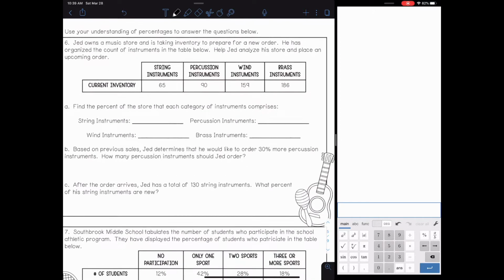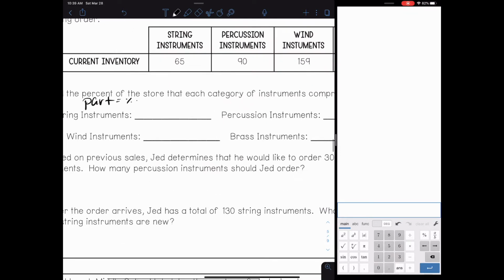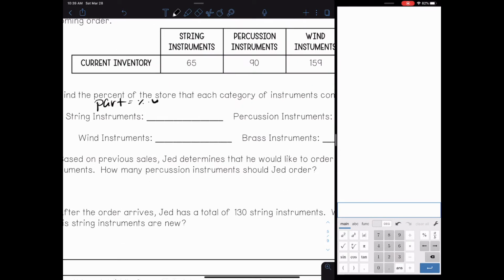So let's see. We know that part equals percent times whole. And that's going to be the case for all of these, right?